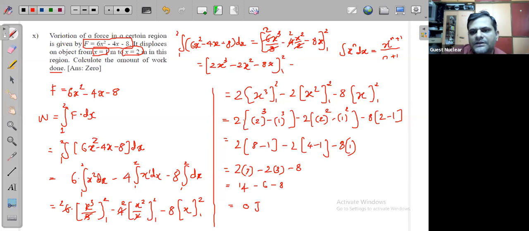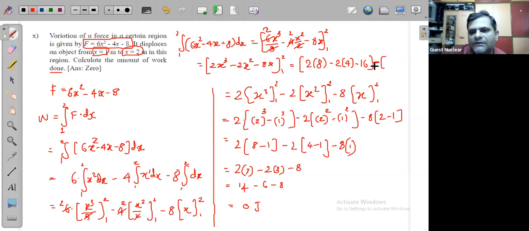And then in the next step, we can have this simplified by putting x equal to 2 first in the whole bracket. Wherever we see x, here, here and here, we have to put 2 first, so that makes our first bracket. So you can get 2 into 2 cube, which is 8, here minus 2 into 2 square, which is going to be 4, here minus 8 into 2, which is going to be 16 actually, and then a minus sign in between.